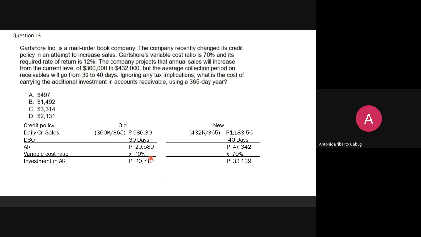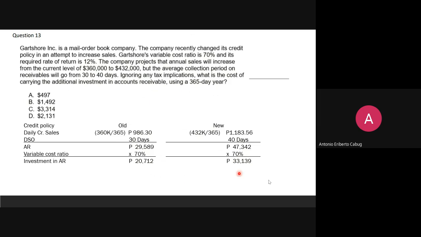Under the new one, the AR was 47,342. Then 70% yung variable cost ratio, so this is 33,139. Okay? The interest rate is 12%. Tama? So, yung pera na nakatali sa AR, magagamit sana natin sa ibang bagay.